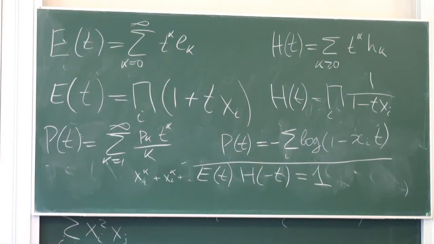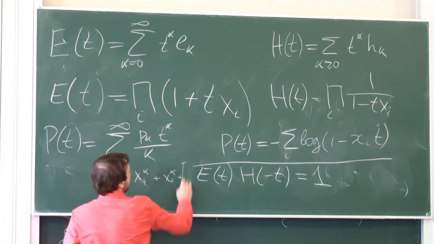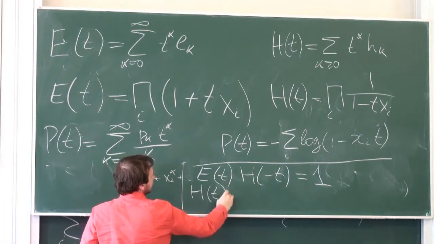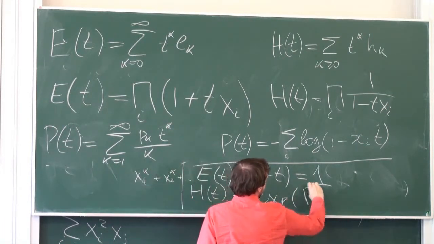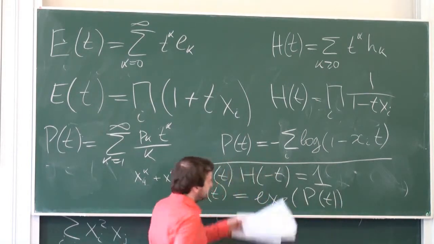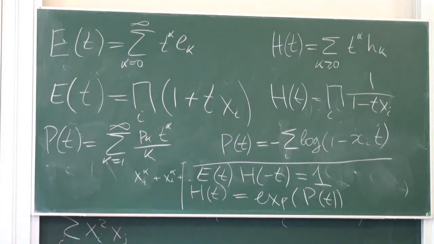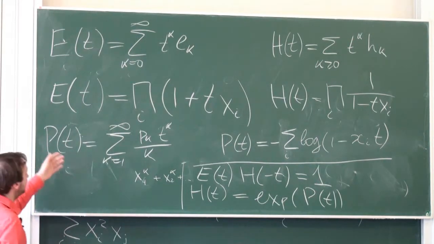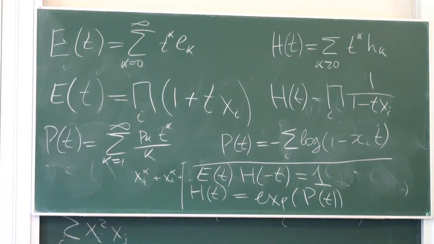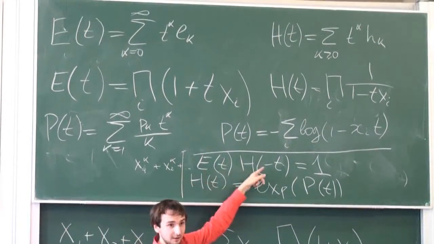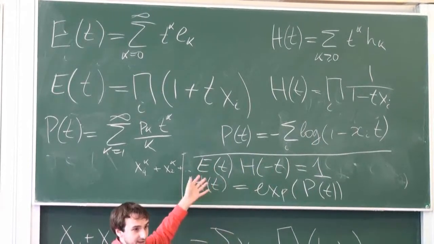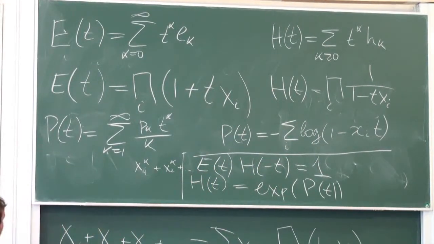The second similar formula is that h of t is equal to the exponent of P of t, again just comparing these two formulas. So what are corollaries of these formulas? Now we can write down relations between elementary, complete homogeneous functions and power sums. For example, if you look at this formula and try to open the brackets and see what's happening there, then we arrive at the following formula.